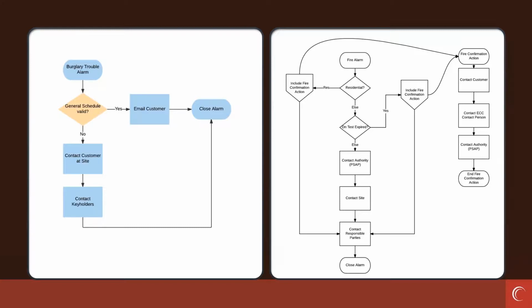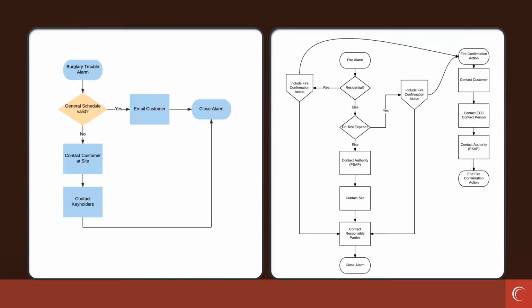So if either of these are true, then the site must be contacted before the authority to verify the validity of the alarm before contacting the authority or PSAP. If they are not true, then the operator is expected to immediately dispatch the authority or PSAP and make appropriate site contacts after that. And then, of course, contact responsible parties and close the alarm.